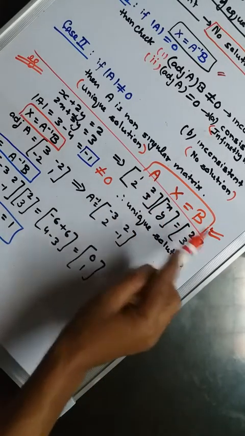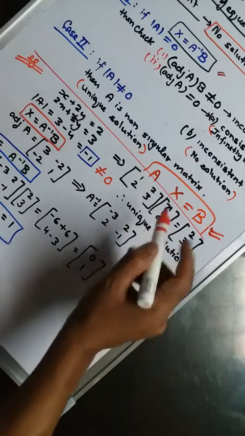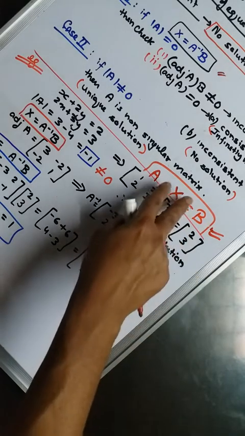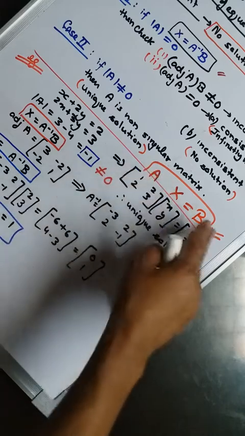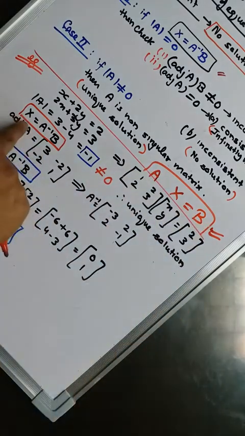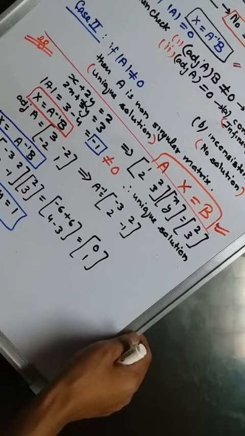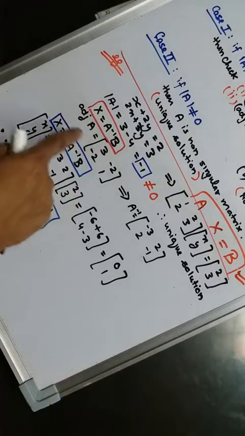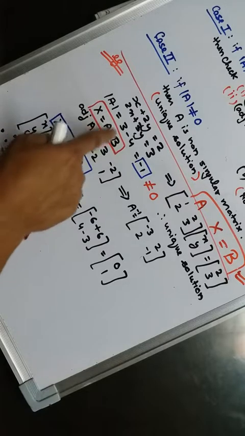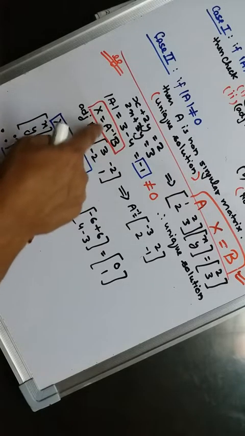So Ax equals to B we have written, and x is left on the left hand side, and this A is moved on the right side. This becomes A inverse. So x is equals to A inverse B. Clear? X equals to A inverse B. So now main thing, how to take out A inverse.